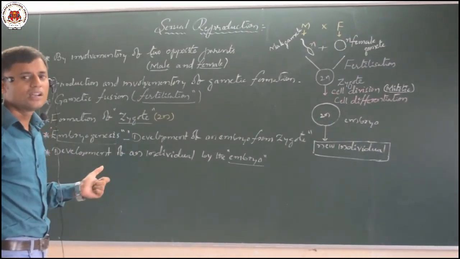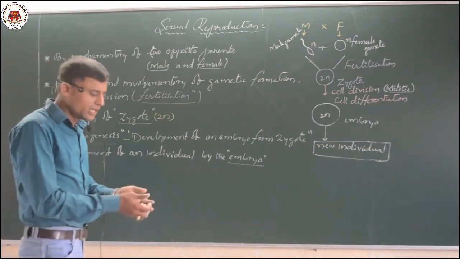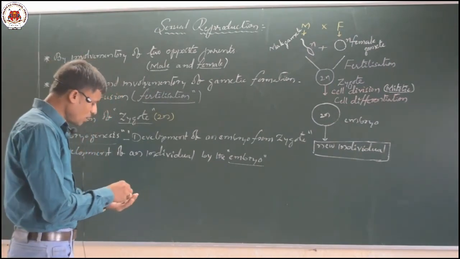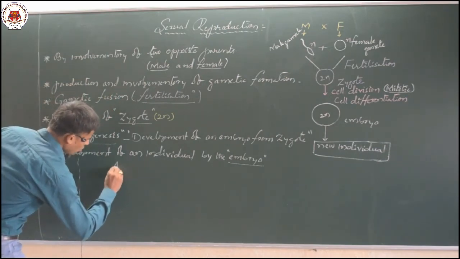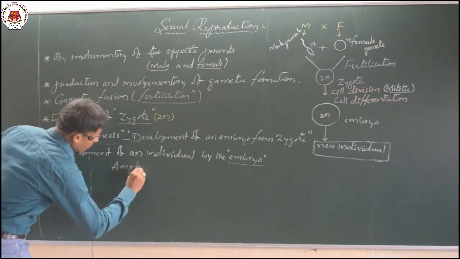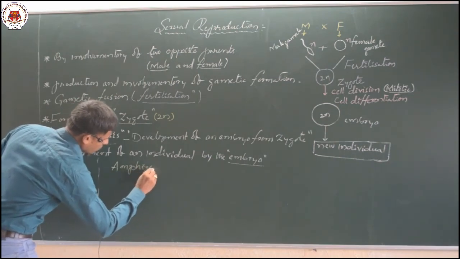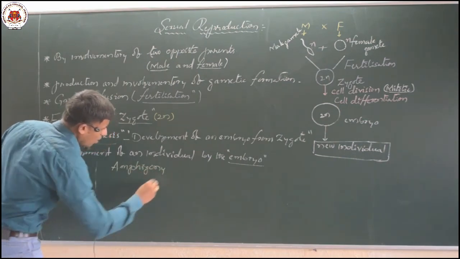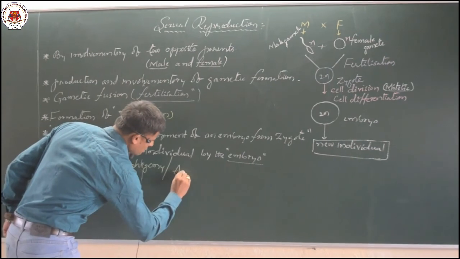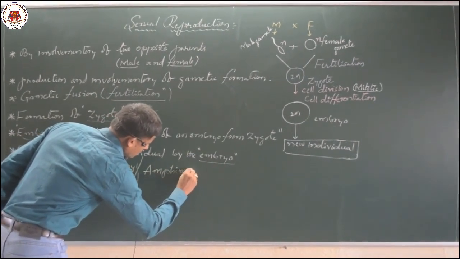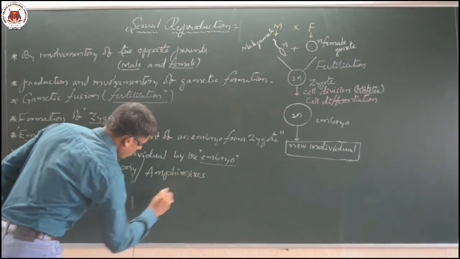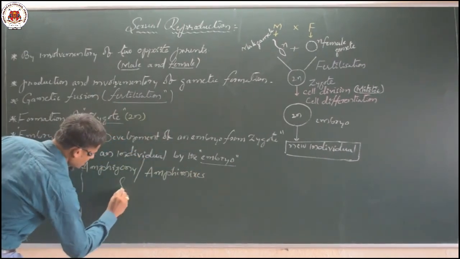Apart from this, other names can be given: sexual reproduction is also called amphigony, or amphimixis, or otherwise syngenesis.